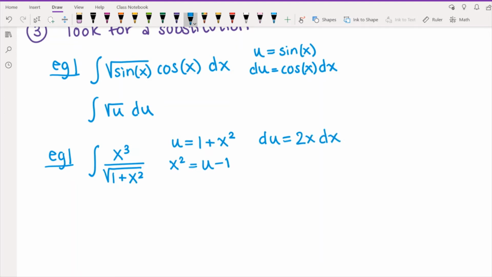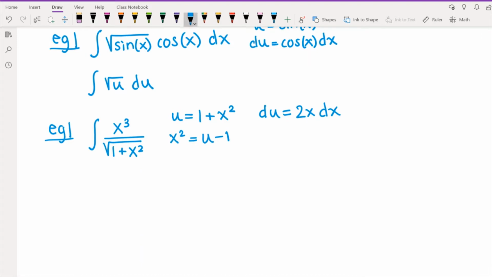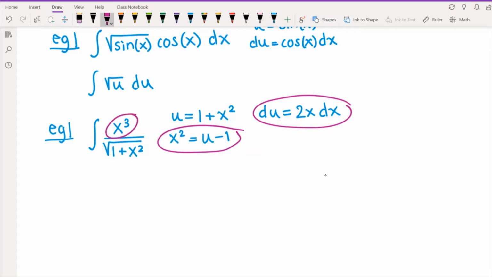So why is this going to be useful? Well, basically, together those two facts are going to take care of this x cubed. And sorry, I forgot a dx for some reason here. So what would this end up looking like? After you do the substitution, we would have x cubed over the square root of u times du over 2x.